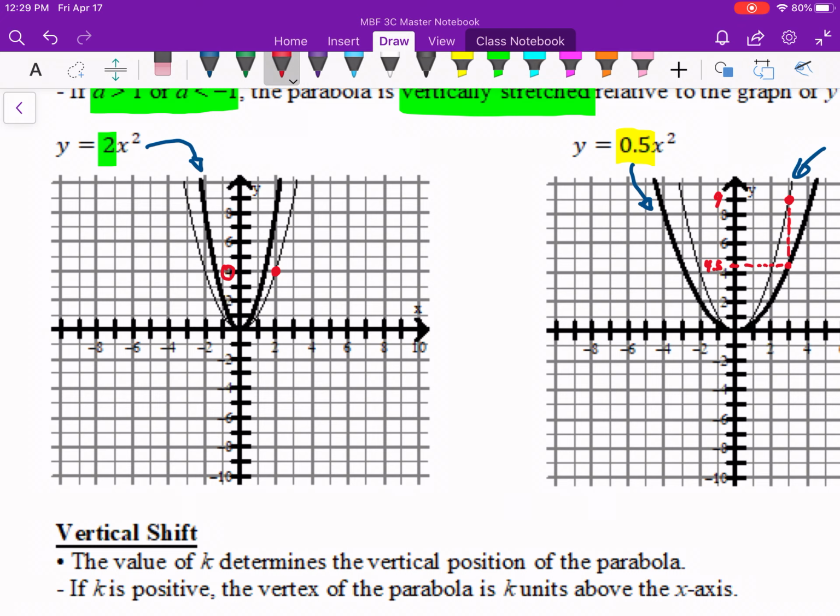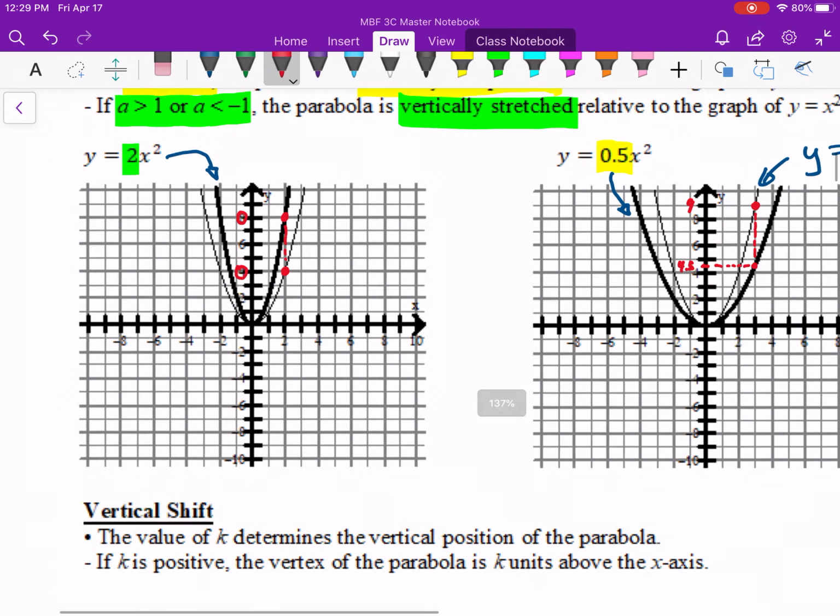I'm going to double it. So there's where the 2 comes in. So double 4 is 8. If I go over to the dark line here, look at that. It lines up. So if we double all the y values on that original y equals x squared graph, we'll get the darker y equals 2x squared graph.